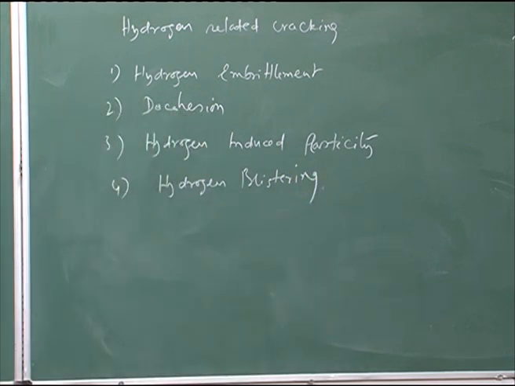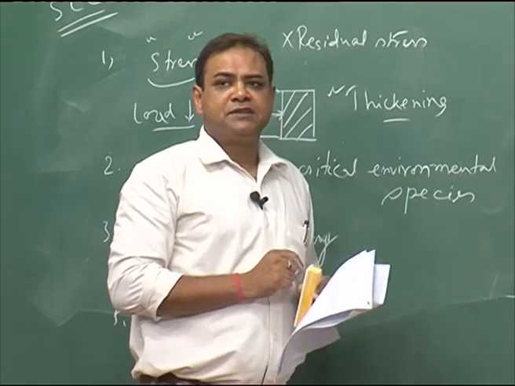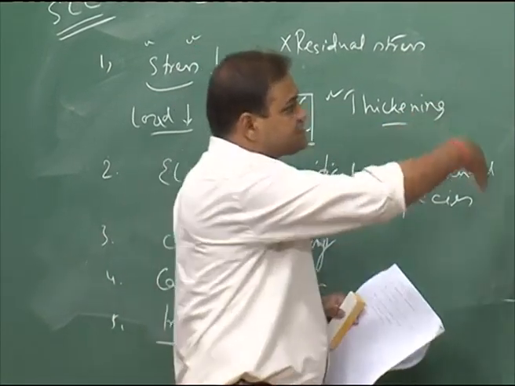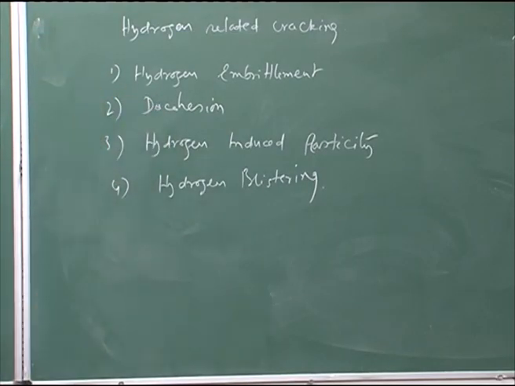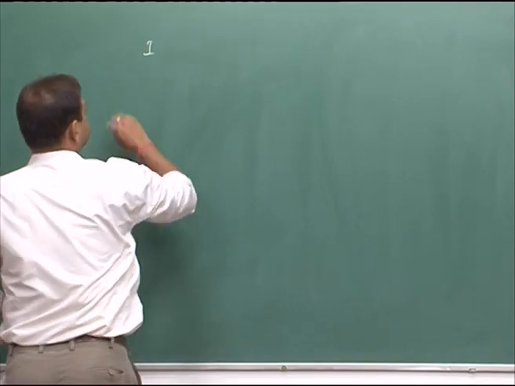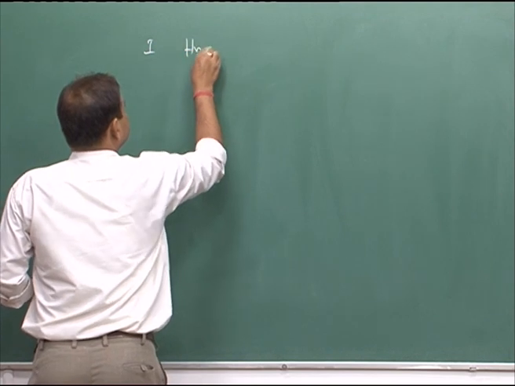So there could be around 4 different ways of hydrogen related cracking. There could be one more thing, decarburization, but that is not under hydrogen related embrittlement effect. So, these 4 major categories are there by which hydrogen related cracking can happen in a material. Let us come to the first one, which is hydrogen embrittlement.